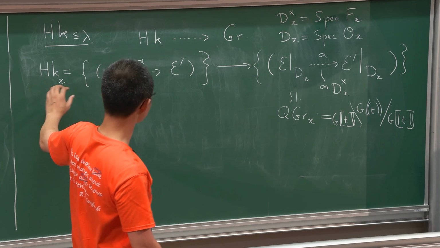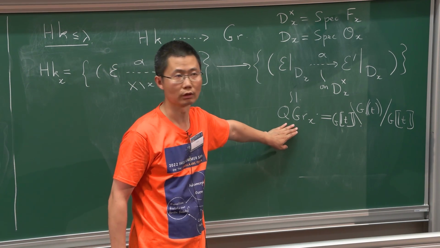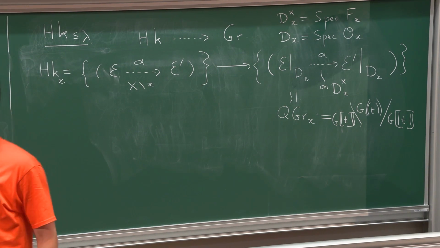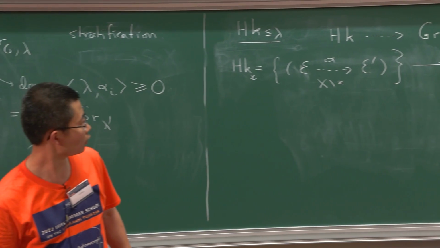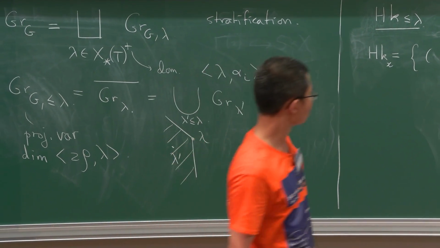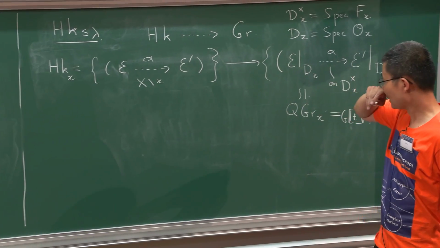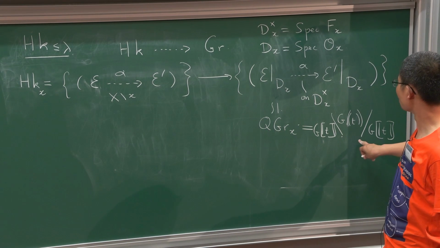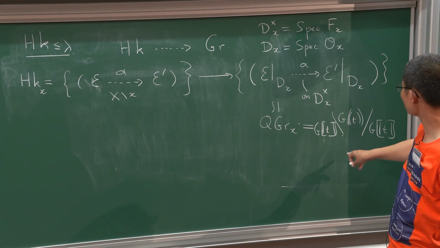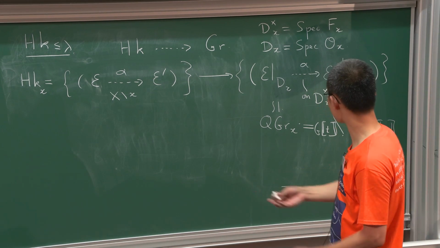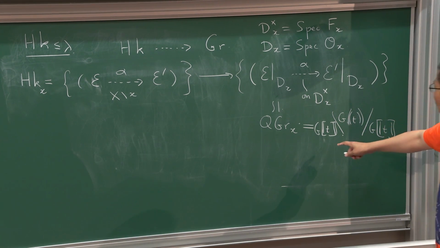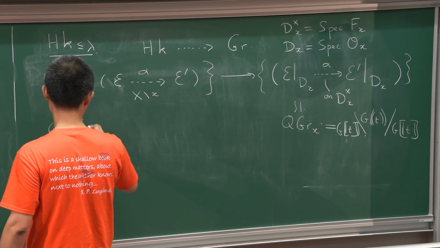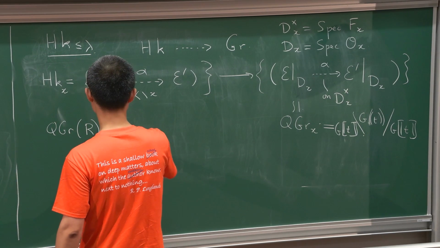Okay, so there's a map from Hecke X to some quotient version of the Grassmannian. The question was, is it possible to give a definition of this map? Oh, the double quotient as a functor. Yeah, so you have to sheafify, but before you sheafify, let's say evaluate on a k-algebra.